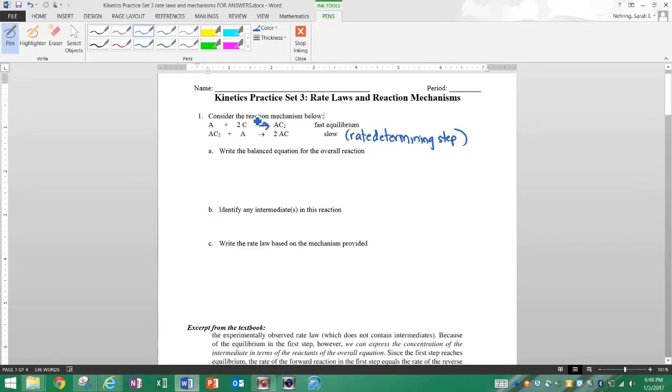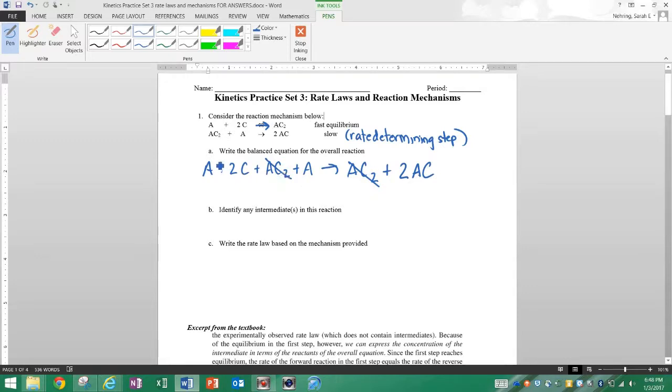So I'm going to add up everything on the left. So that's A, and there's 2 C's, and there's an AC2 molecule, and then there's another A. And then on the right, there's another AC2 molecule, and then there's 2 AC molecules. So you want to look for things that cancel out or that you can simplify. AC2 shows up on both sides, so I'm going to cancel that out.